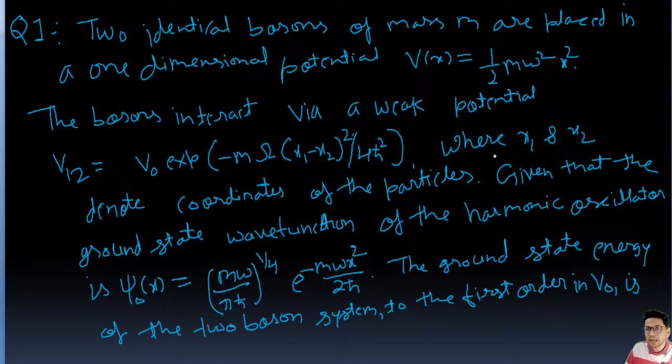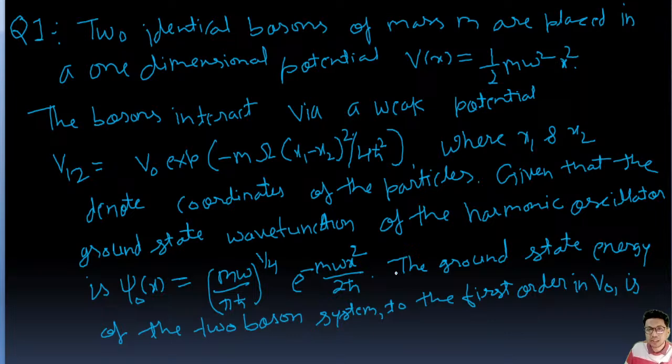Where x1, x2 denote the coordinates of the particles, given that the ground state wave function of the harmonic oscillator is psi naught of x, which is (m omega upon pi h cut) to the power 1 by 4 e to the power minus m omega x square upon 2 h cut.